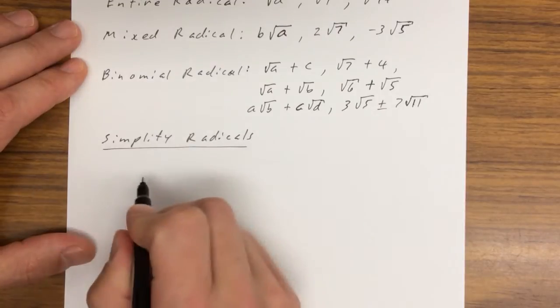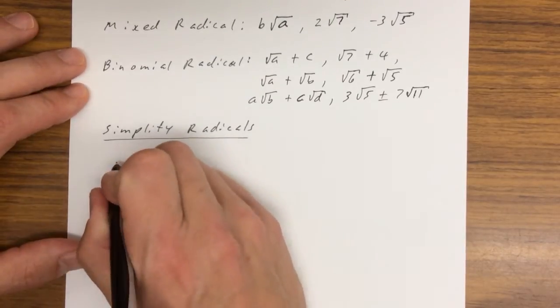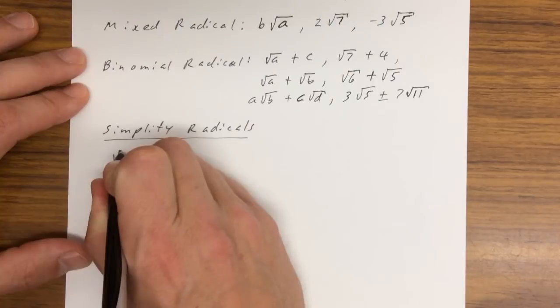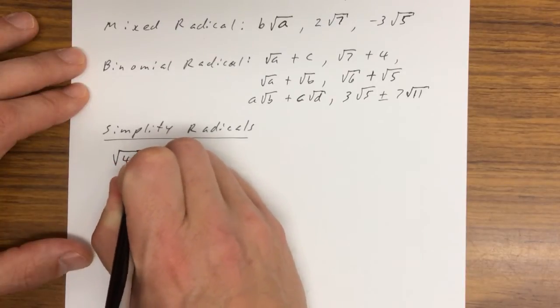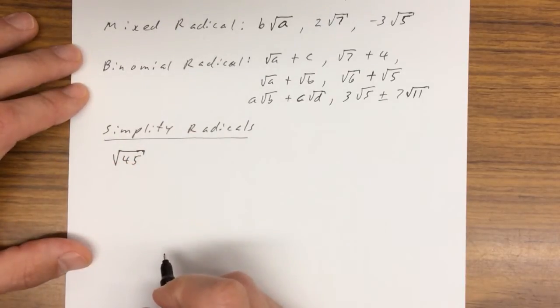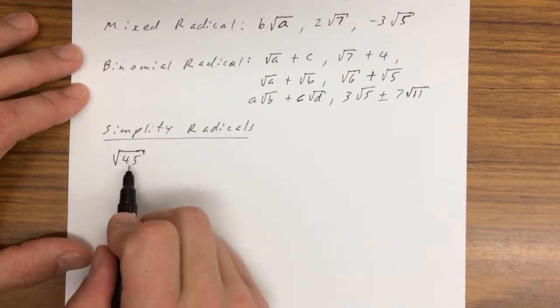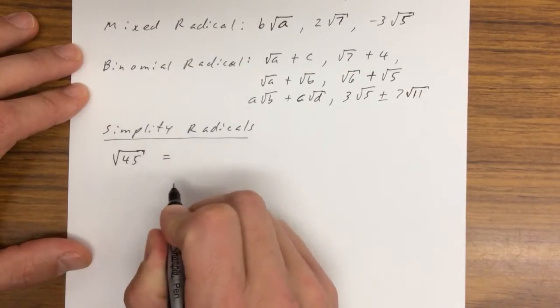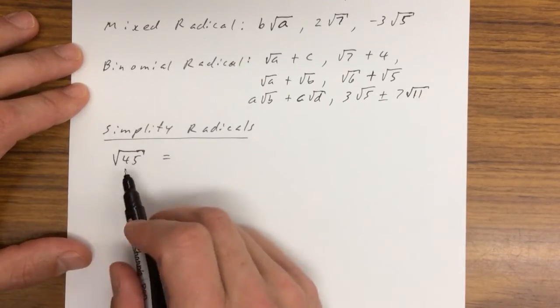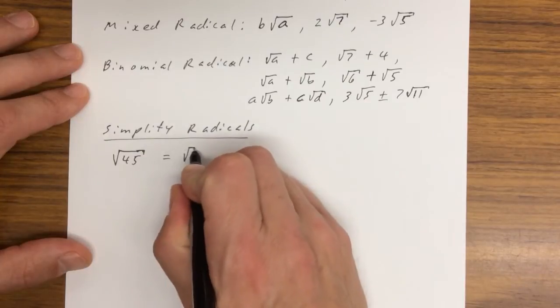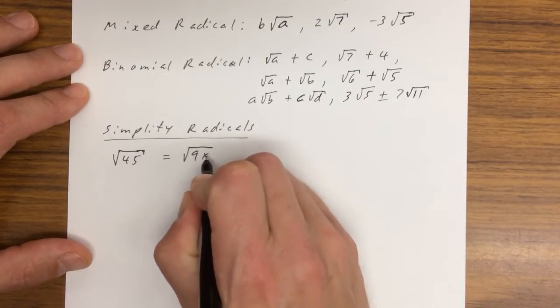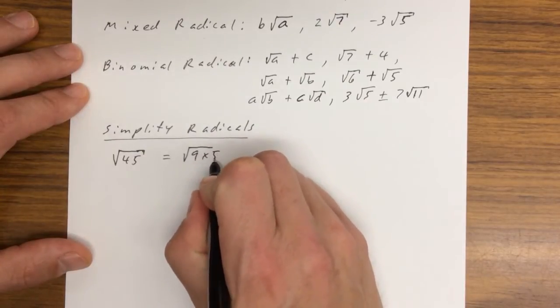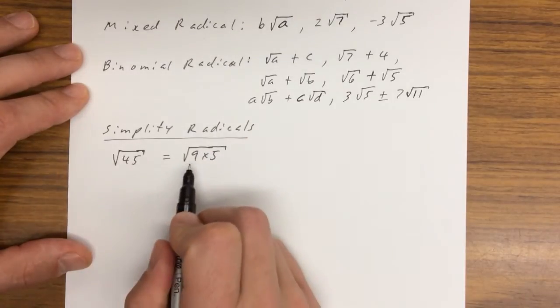Simplifying radicals looks something like this. Say you had an entire radical of root 45. Well, mathematicians like this to be simplified into something where you have the smallest number possible under the square root. This means you're going to have to break this up. And it just turns out that 45 equals 9 times 5, and we know that 9 is a perfect square.